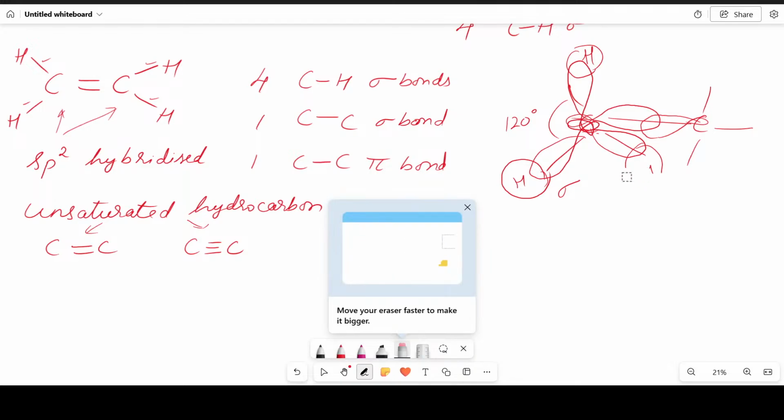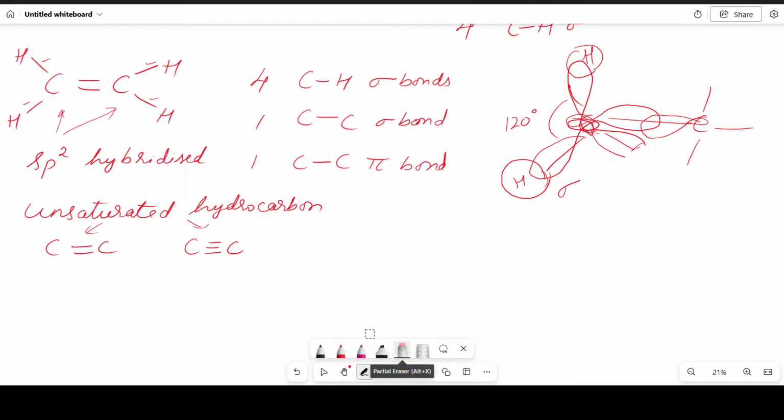So what I will do, I will just remove one of the hydrogen and show you how the orbitals are overlapping. So you need to understand this concept slowly. Only then it is going to help you in future.